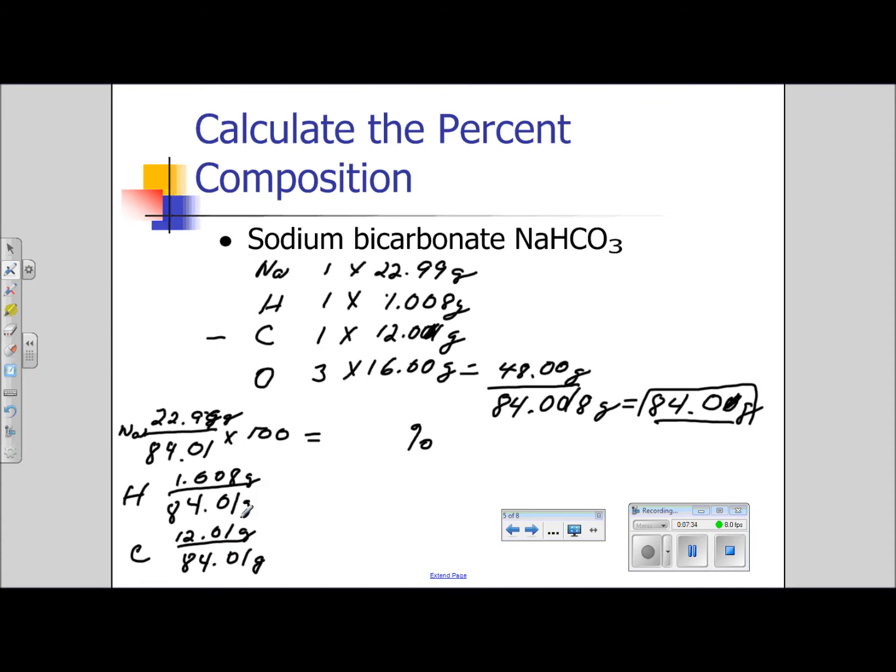Grams divided by grams times 100 equals. And finally, I'm running out of room here, but I could calculate the amount of oxygen. So I would say 48.00 grams divided by 84.01 grams, and this would be percent of oxygen times 100. My percentages should add up to 100.